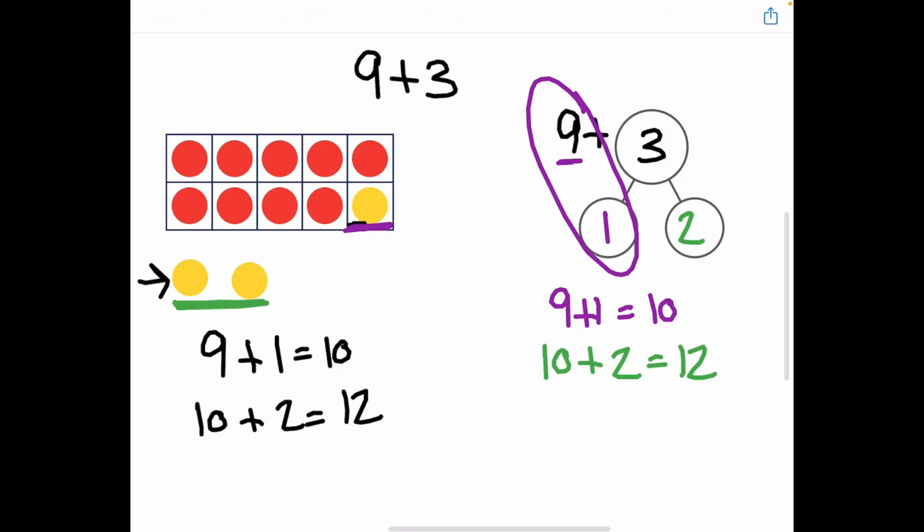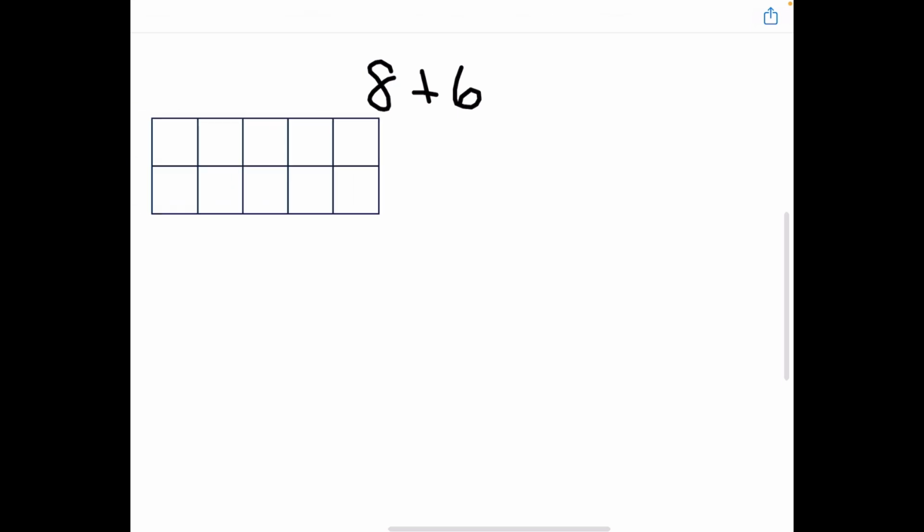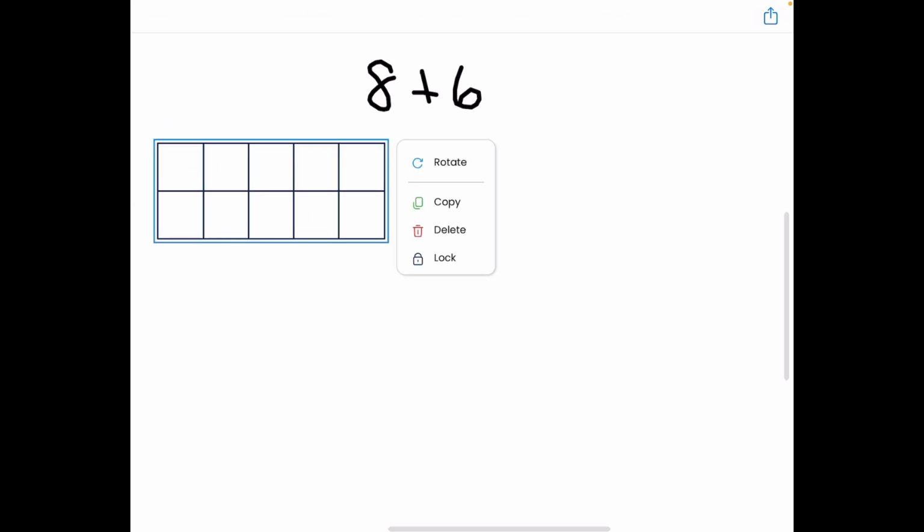Let's try another one. Let's look at 8 plus 6. I'm going to use my 10 frame first. I'm going to model out 8.